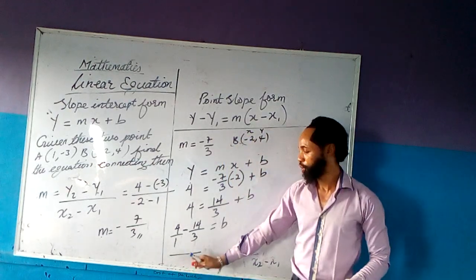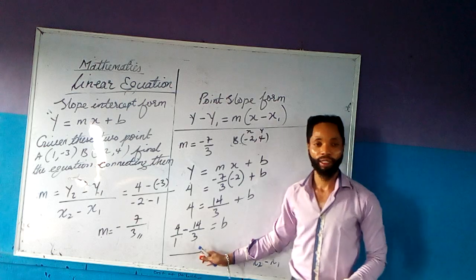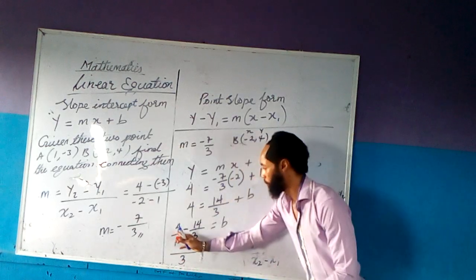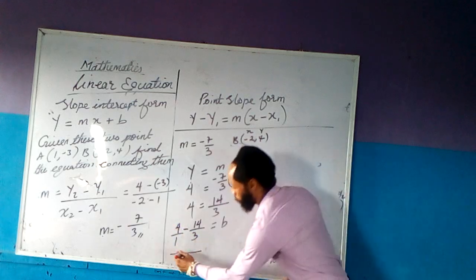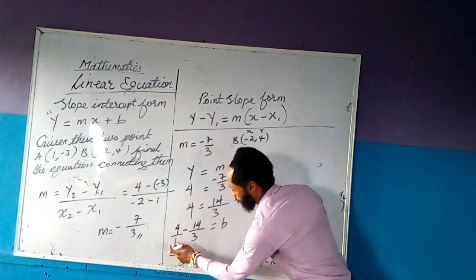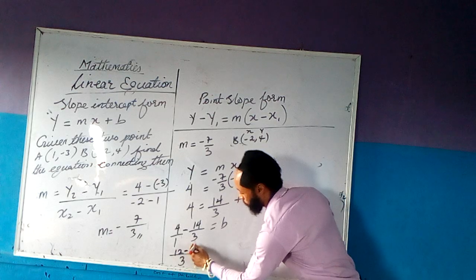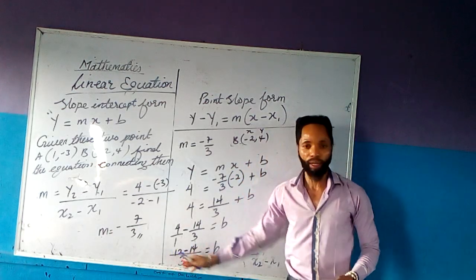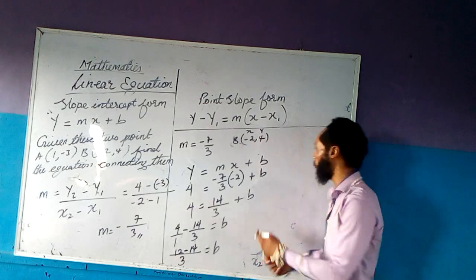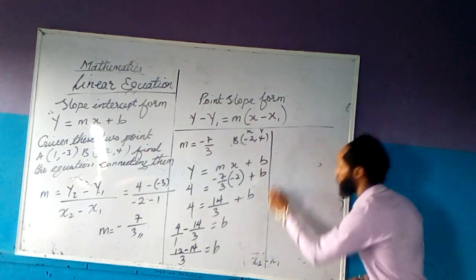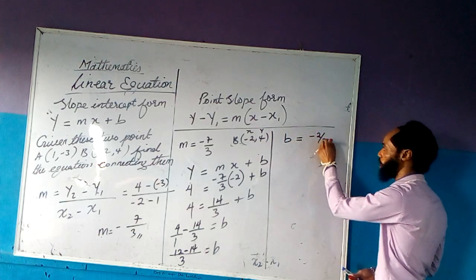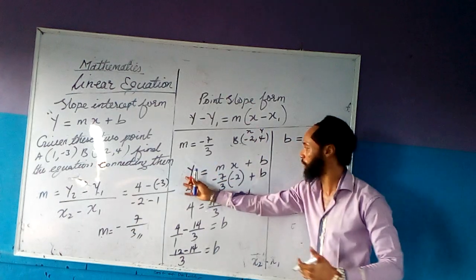If we solve this over 3, 4 times 3 gets us 12, and 12 minus 14 is negative 2. So our b will be negative 2 over 3.